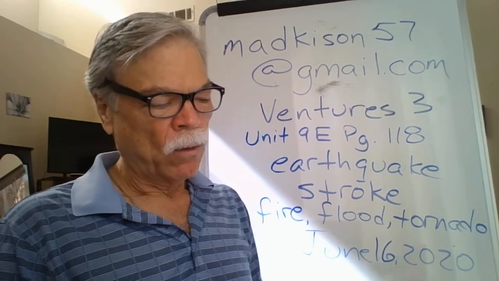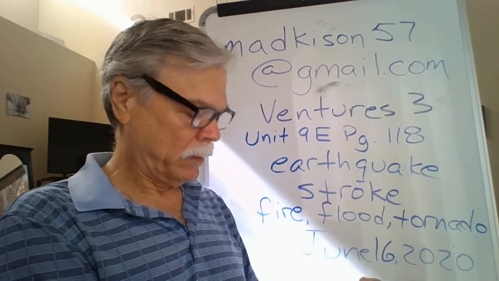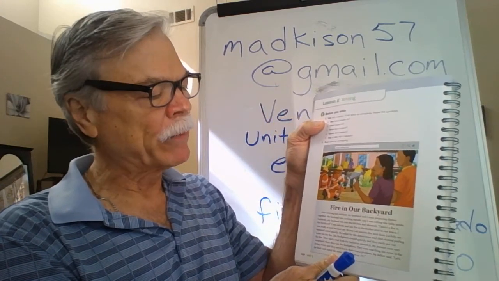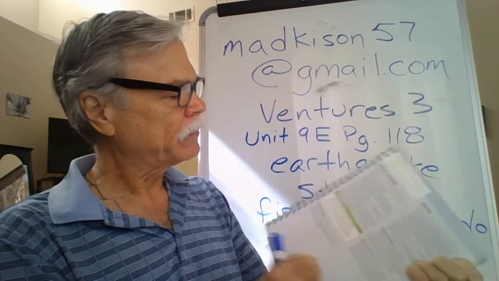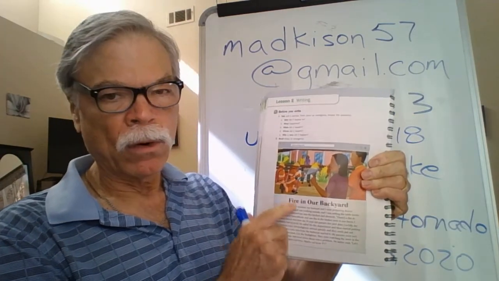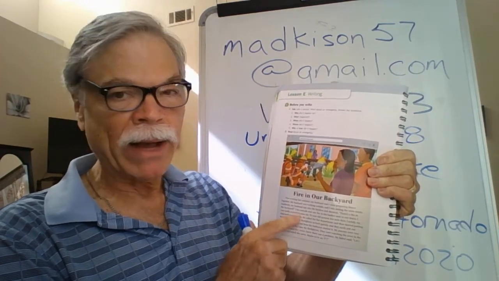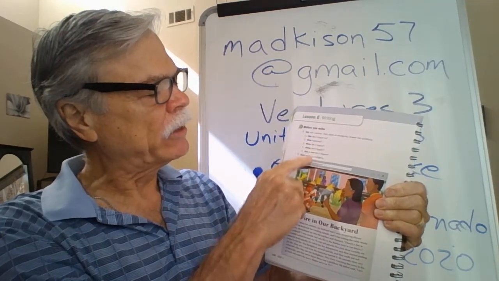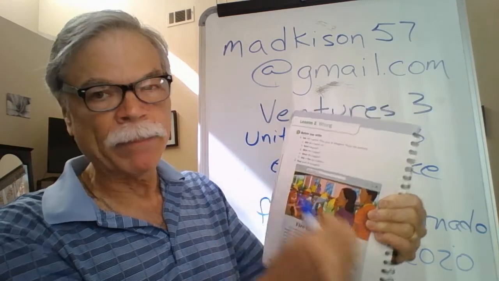Now, in today's article that's on page 118, we're going to read about an emergency. And when you think about writing an article or a paragraph about an emergency, you want to answer some of these questions that are shown up here at the top of the page.